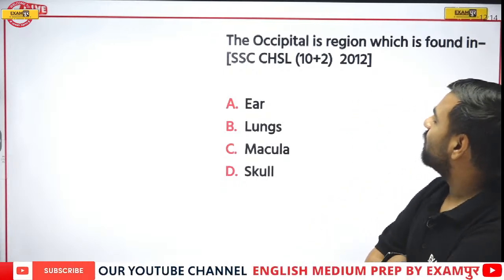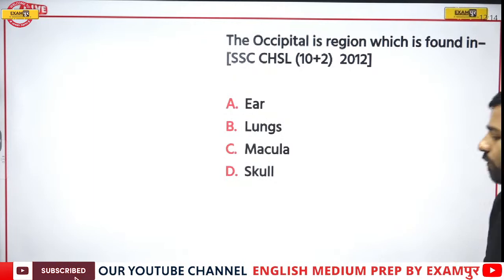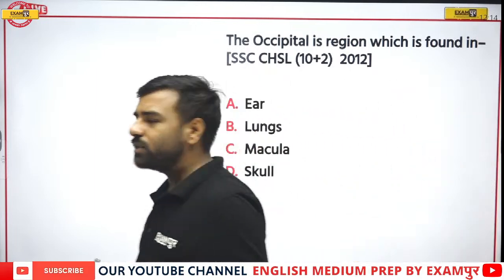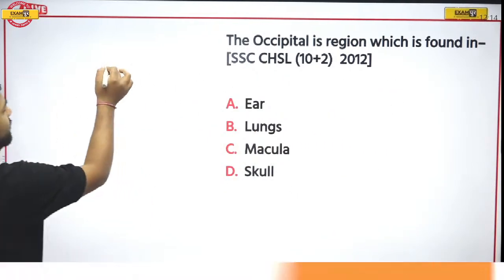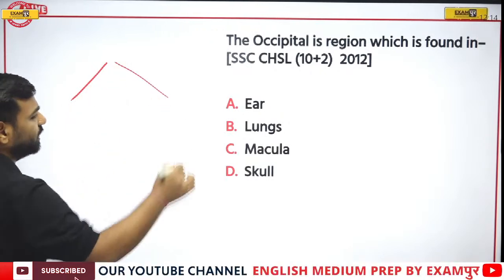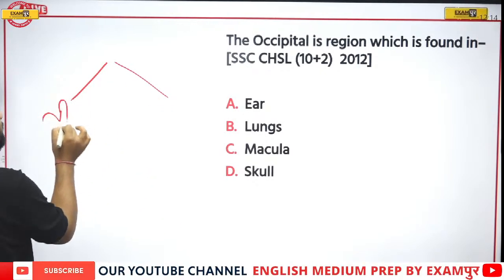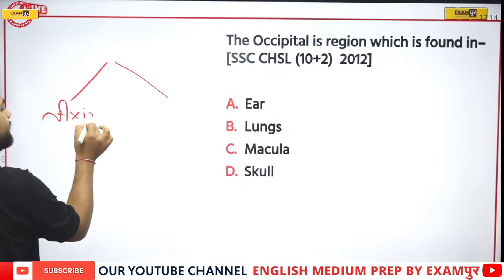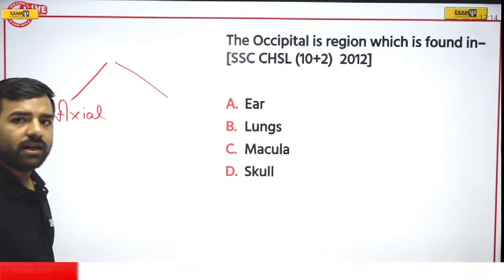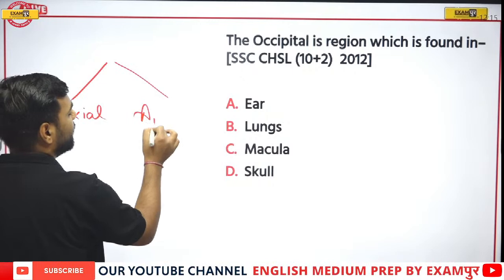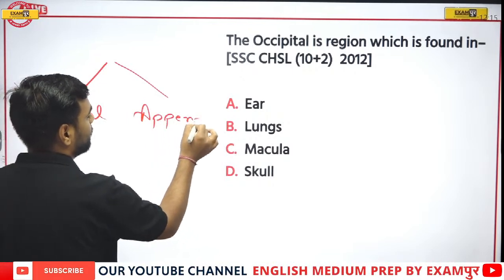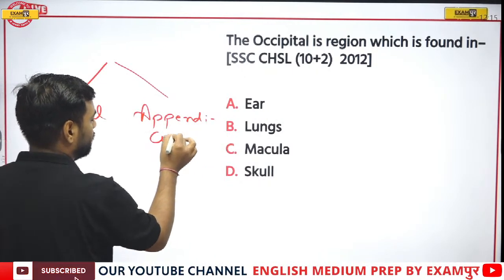See, when we are talking about bones, we must be aware of one thing. The skeletal system is divided into two parts: the axial skeletal system and the appendicular.